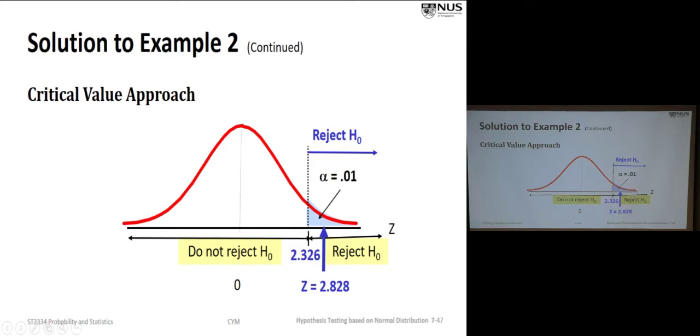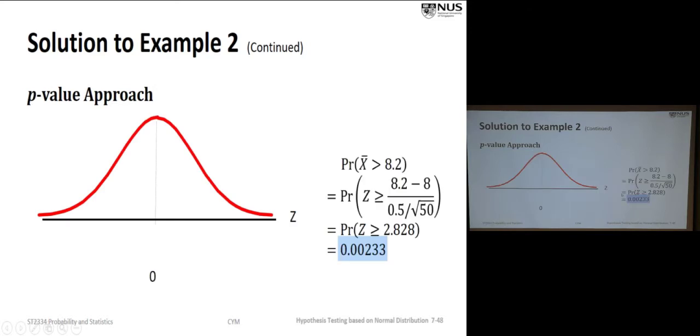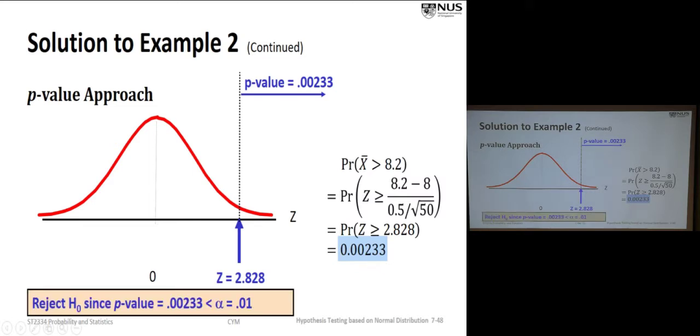We reject because it falls in the critical region. In the p-value approach, I calculate the p-value, the chance of being bigger than it, which is 0.00233. This is less than 1%, so we reject the null hypothesis.